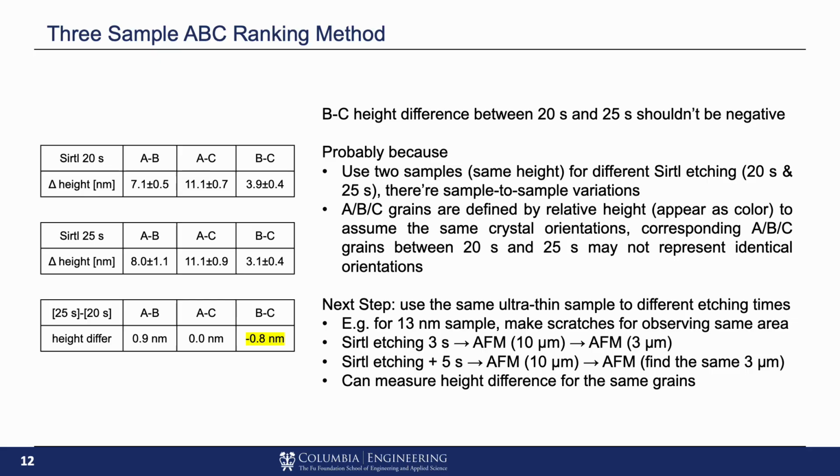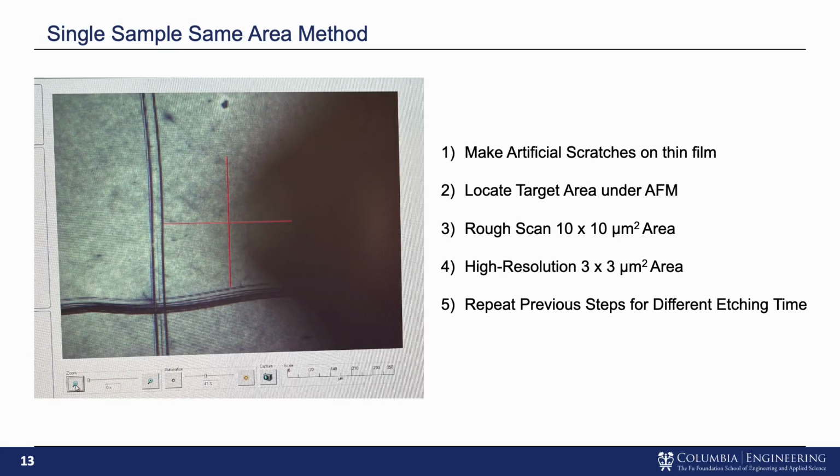This failure directly motivated the development of the second SAM methods, where the same ultra-thin sample and the same local area are tracked across multiple etching steps, eliminating sample-to-sample ambiguity. To overcome the limitation of the multi-sample comparison, we developed a single-sample, same-area tracking method inspired by Chaya.